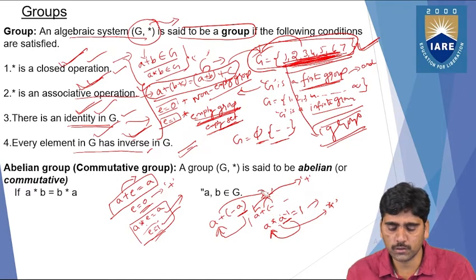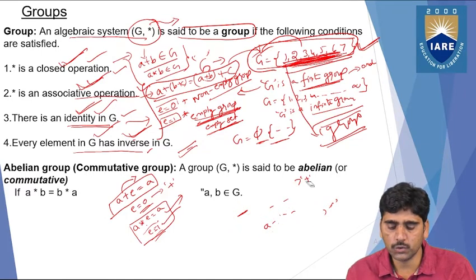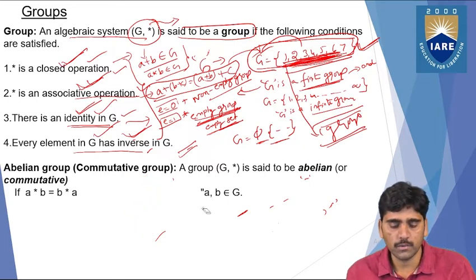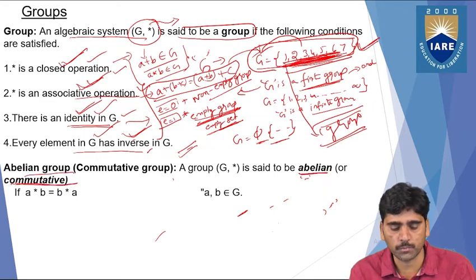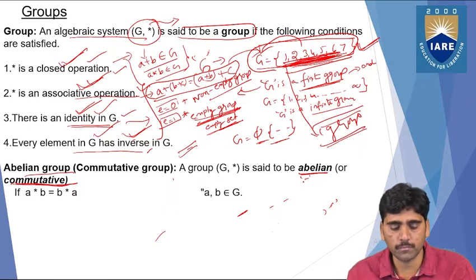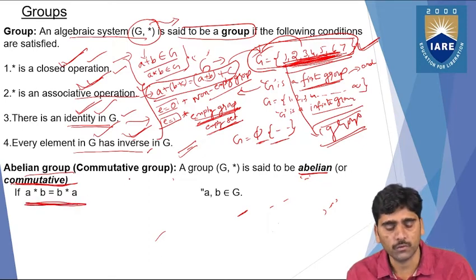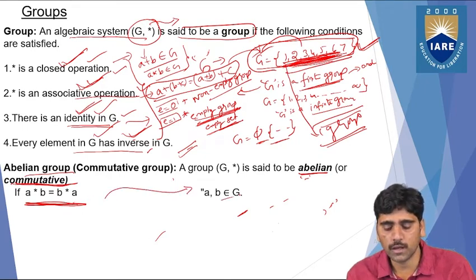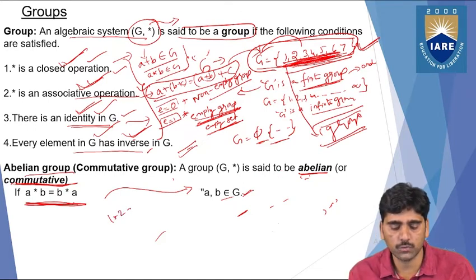So the next one is what? Abelian group. Abelian group is also called a commutative group. The reason behind the name is that an abelian group performs the commutative rule. So A star B equals B star A, here A, B belong to G. Suppose 1 and 2, 1 into 2 equals 2 into 1, so 2 into 1 equals 2.